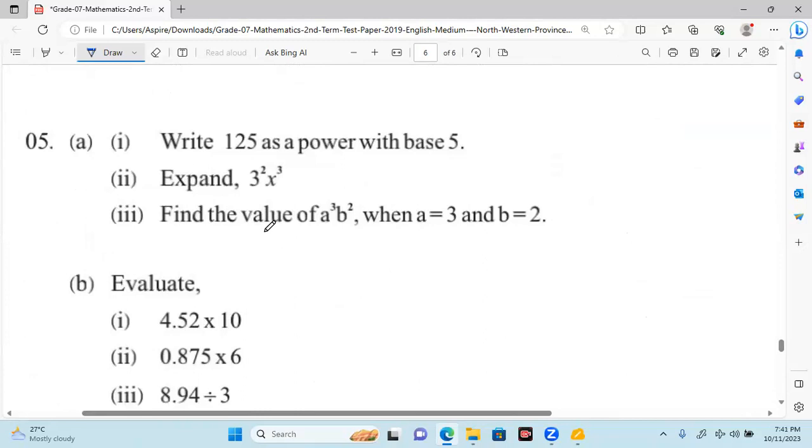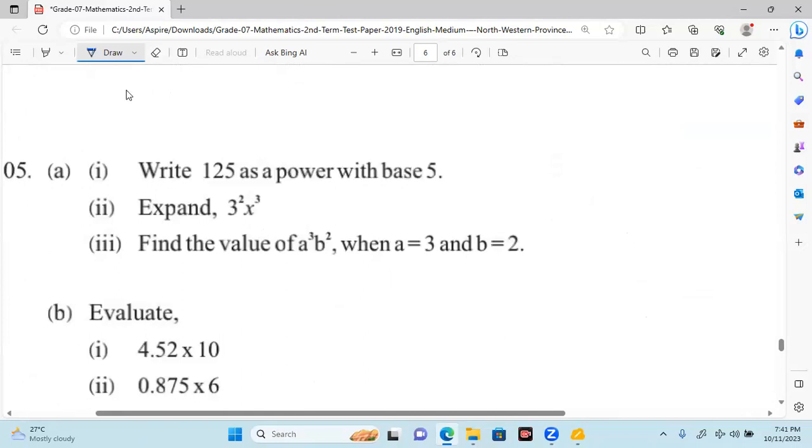Here, write 125 as a power with base 5. Okay. So divide 125 by 5. Then how many 5s within 12? It is 2. Then take this 2 with 5. Then it is 25. How many 5s within 25? It's 5. Divide by 5.